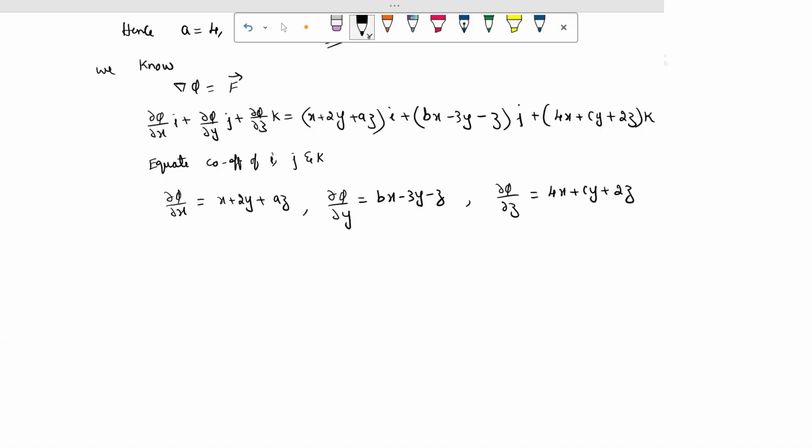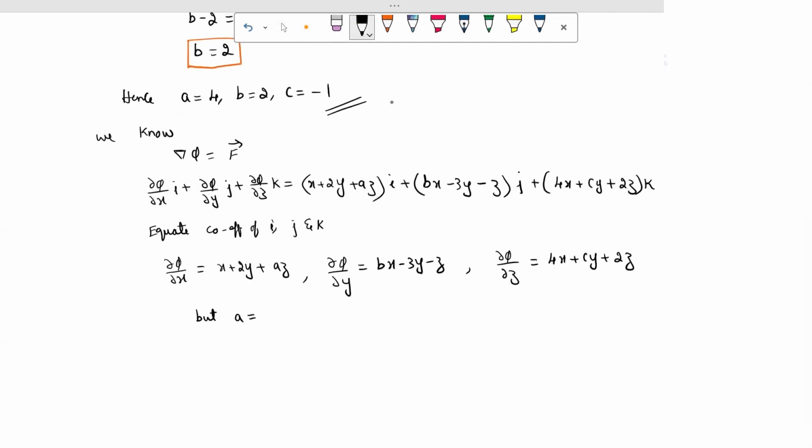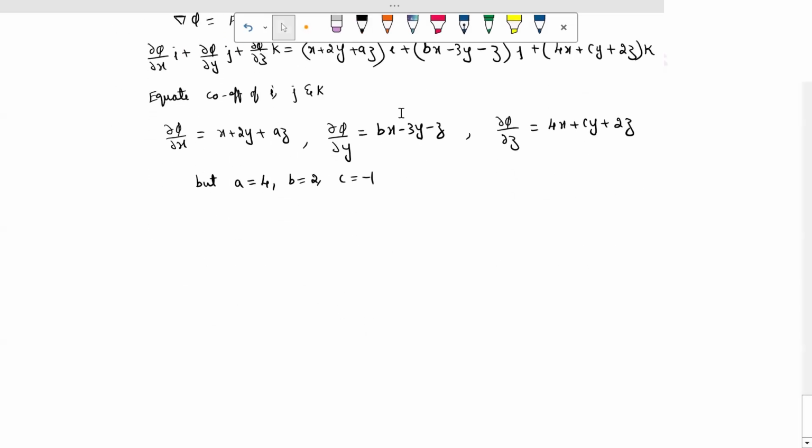But since we know the values of a, b, and c, where a is 4, b is 2, and c is minus 1, let us plug in those values.